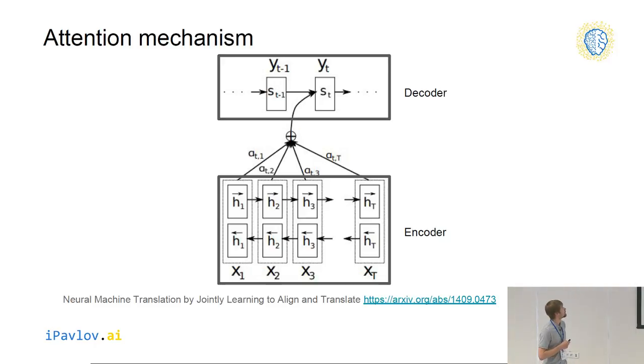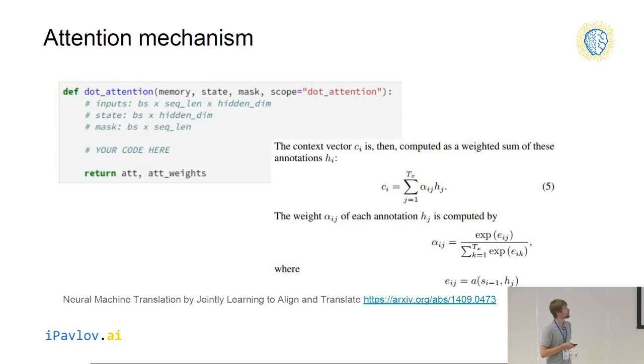We will define a function attention, which takes as input memory. In our case, memory is encoder states and current decoder state. And as I said earlier, we compute attention as a weighted sum of memory items. But how to compute these weights?